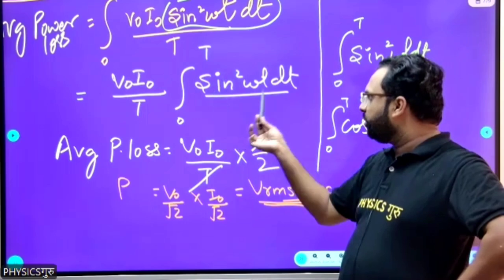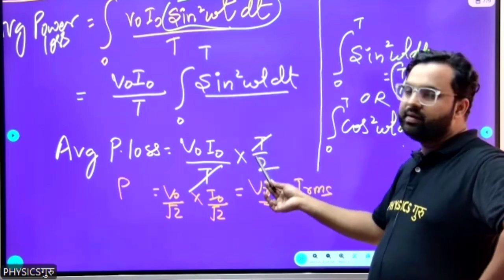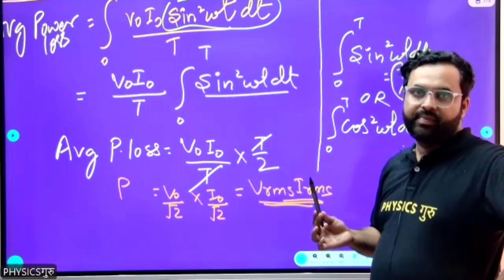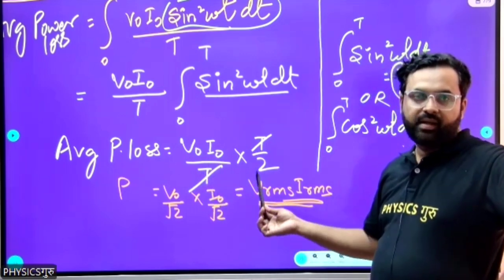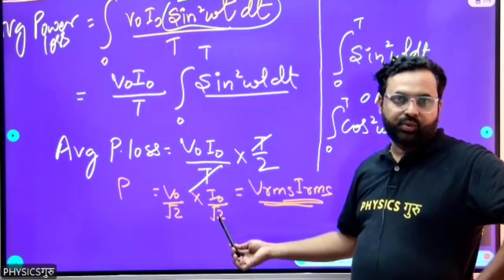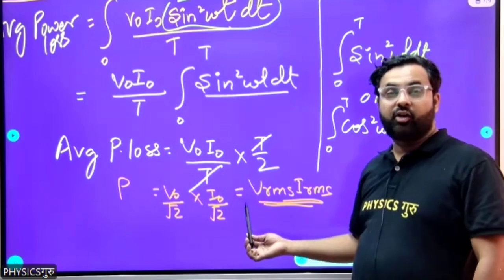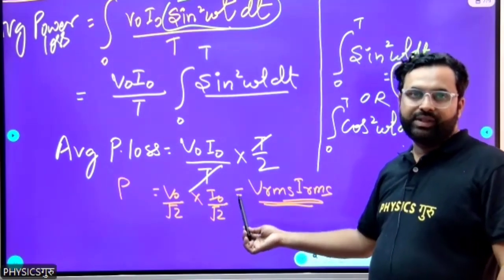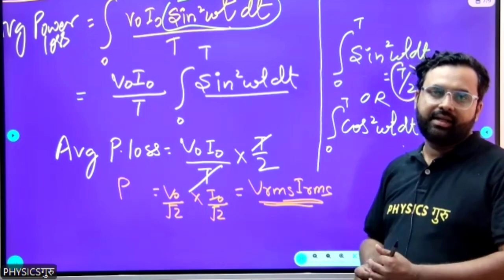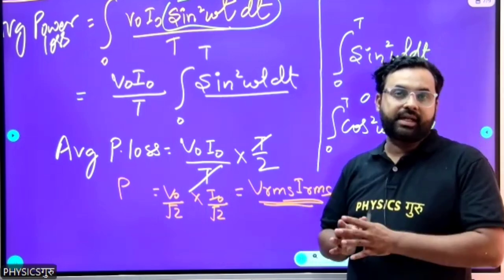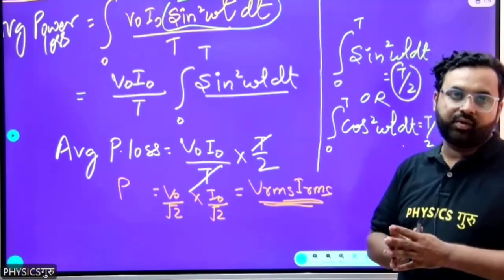Instead of sine square omega t, we write T by 2. So this T gets cancelled out, and we are left with V naught I naught by 2. Now 2 can be written as root 2 times root 2. So V naught by root 2 into I naught by root 2. V naught by root 2 is VRMS, I naught by root 2 is IRMS. So this is the required answer. Power loss for an R circuit is nothing but VRMS into IRMS.